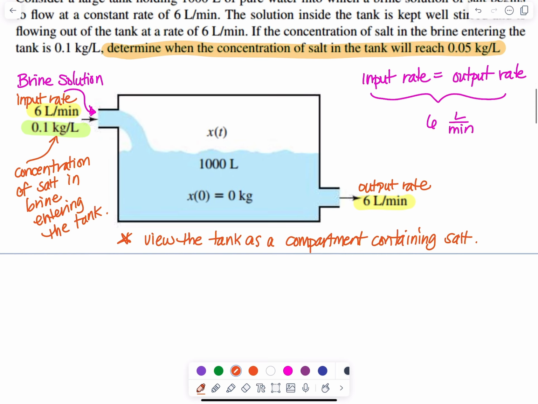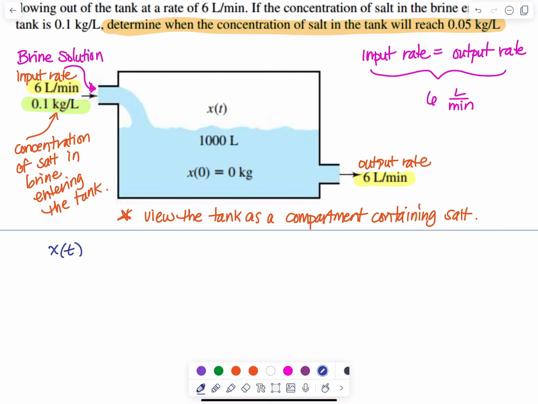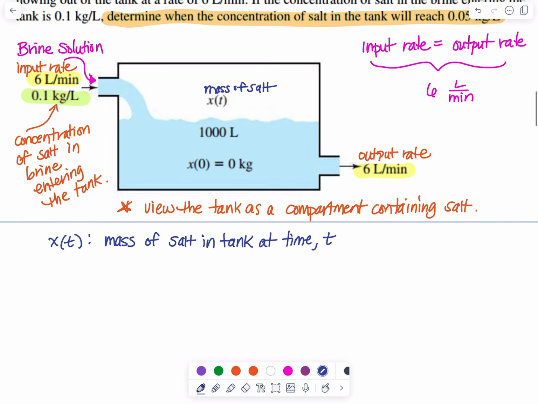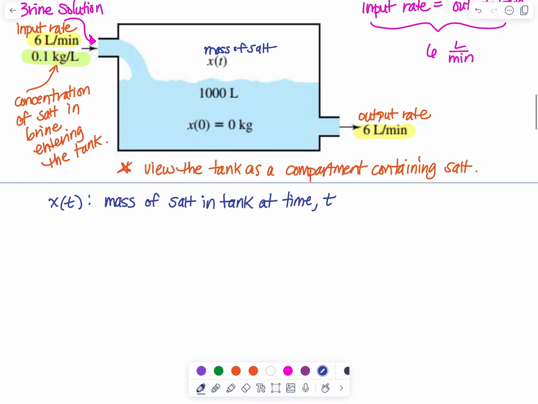Okay, and so X of T is going to be the mass of the salt in the tank at time T. So right here, this is the mass of salt, that X of T. Okay, so we can find the concentration of salt in the tank by dividing X of T by the volume of fluid in the tank at time T.